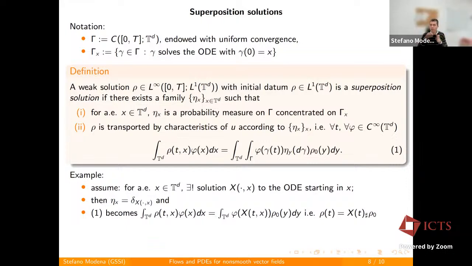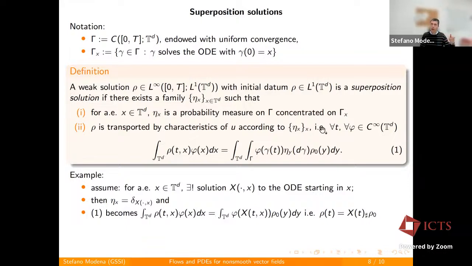How much it moves along each single characteristic starting from y is given by this probability measure eta_y. Then at time t, you reconstruct your picture after moving the initial density along all possible characteristics weighted with these probability measures, and then you recover your density rho.